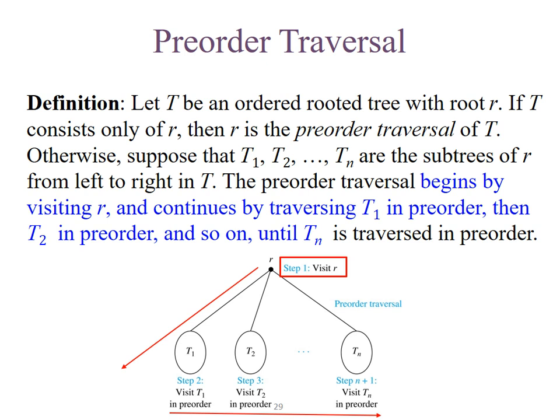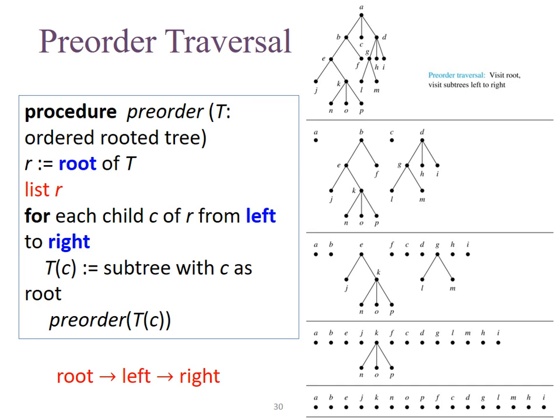So pre-order traversal begins with the root R and then continues to traverse the subtrees T1, T2 to Tn from left to right. Okay, so actually this is a recursive call of this traversal. So let's see a real example of how we traverse the tree by the pre-order traversal algorithm.